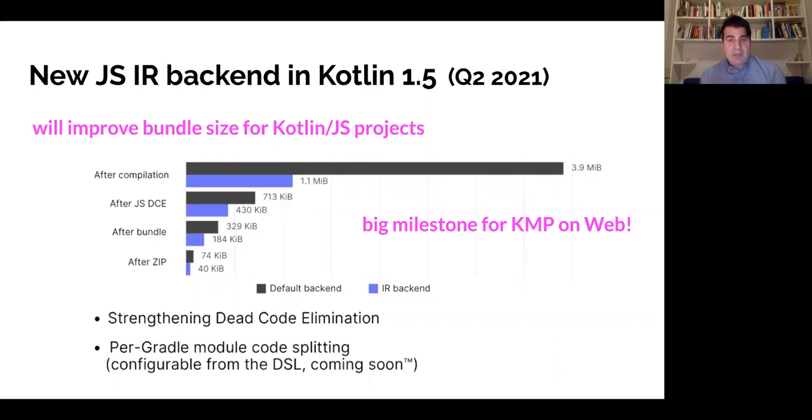This is a very important milestone for KMP. And hopefully, we are really looking forward to seeing how effective web projects written in Kotlin are going to be after this.